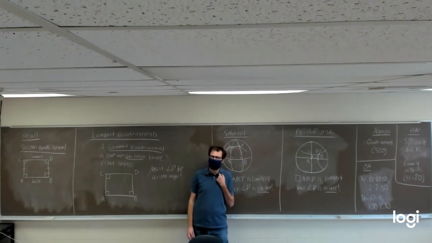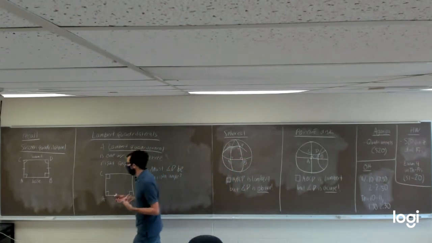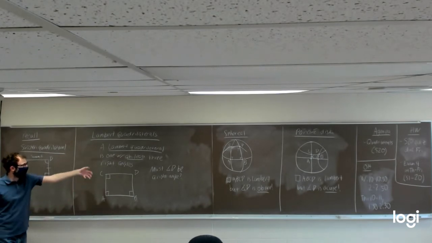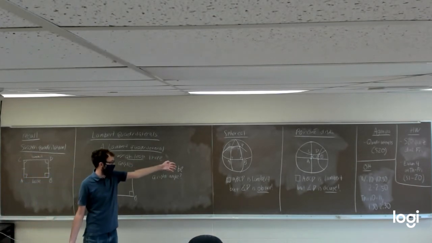Why does that sound familiar? That's related to the summit angles in a Saccheri quadrilateral. In Euclidean geometry, we said the summit angles of a Saccheri quadrilateral have to be right angles, just like the fourth angle in a Lambert quadrilateral. In spherical geometry, we said the summit angles are going to be obtuse, just like the fourth angle in a Lambert quadrilateral.